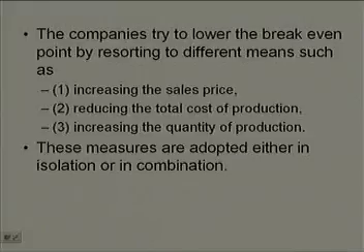The second way through which you can lower the break-even point is by reducing the total cost of production. Now, this is a slightly difficult task. There are many ways through which companies try to reduce their total cost. They may have different avenues. For example, they can practice the concept of just in time.